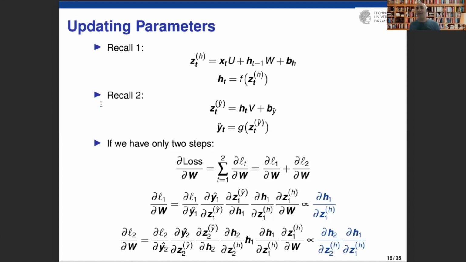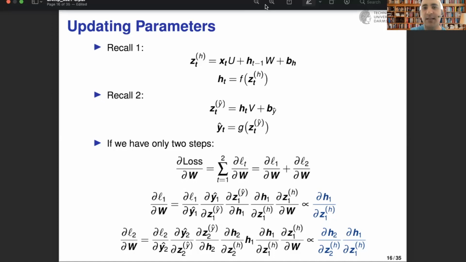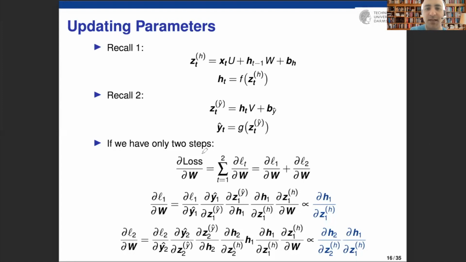Let's see what happens if we have only two steps. If we have only two steps, we need to calculate the loss. So let me again use my pen. We need to calculate the loss for two steps, in a simple scenario where we have a sequence with two inputs, right?